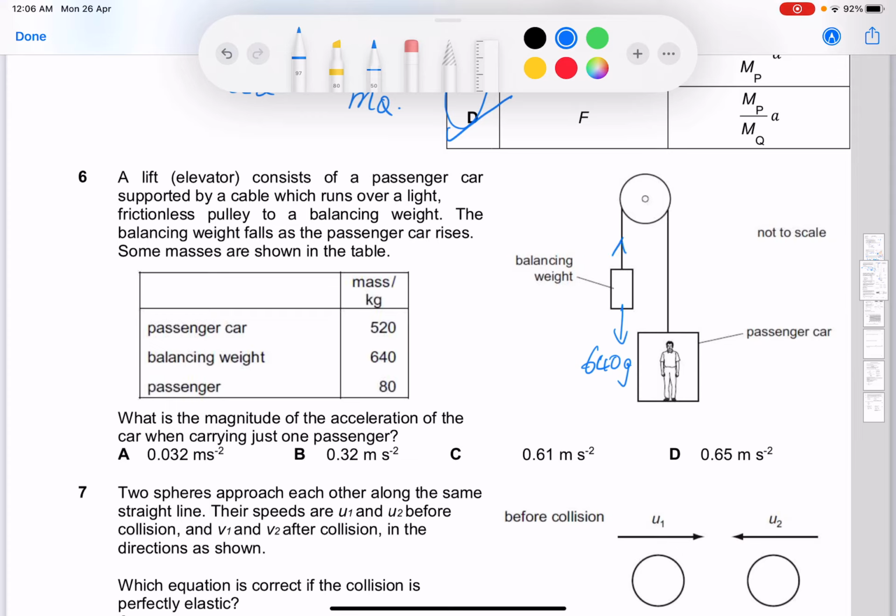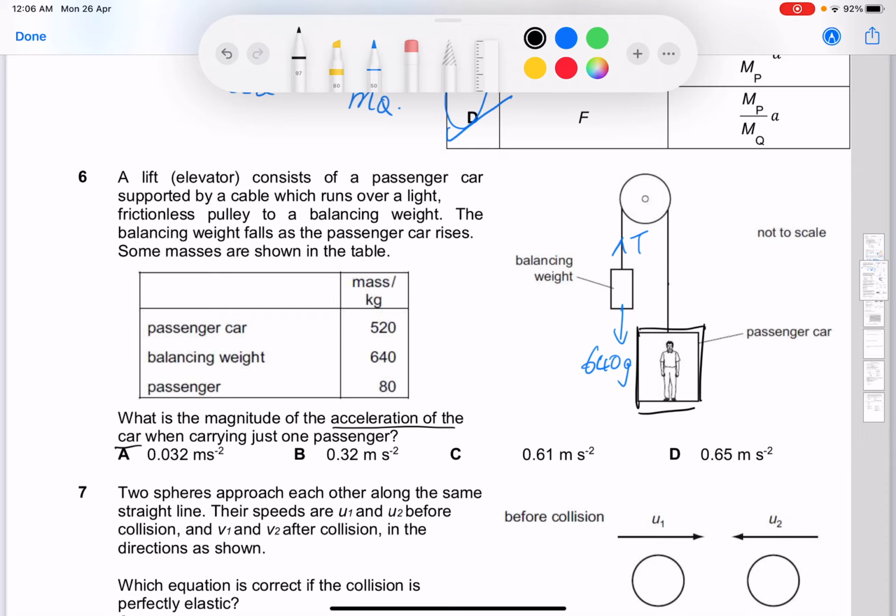Of course there's a tension in the rope. Read the question here. It only wants us to find the acceleration of the car. Although the passenger is in the car, the passenger is accelerating with the car. So effectively, we can treat the passenger and the car as one object.